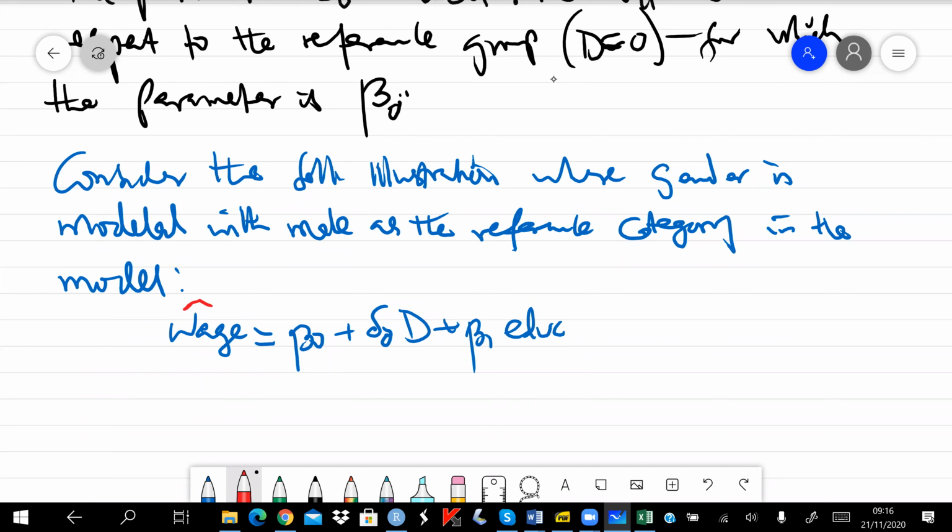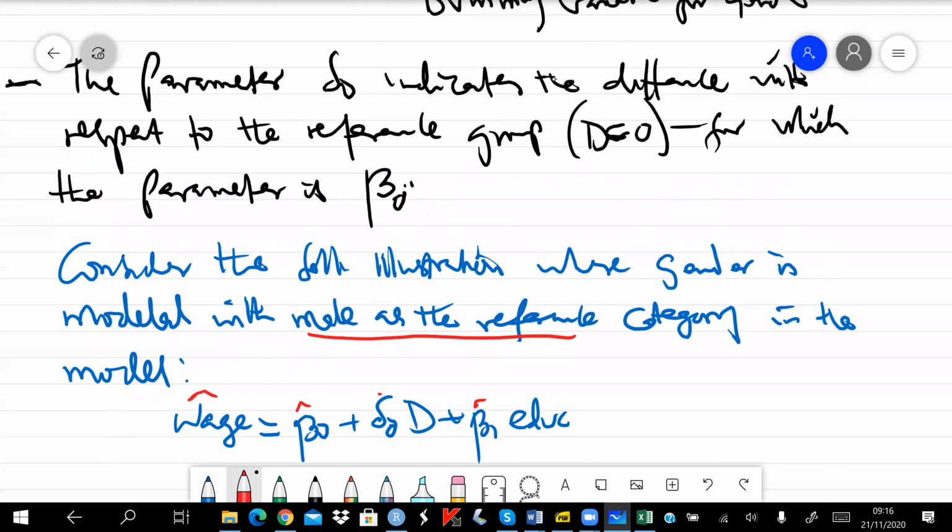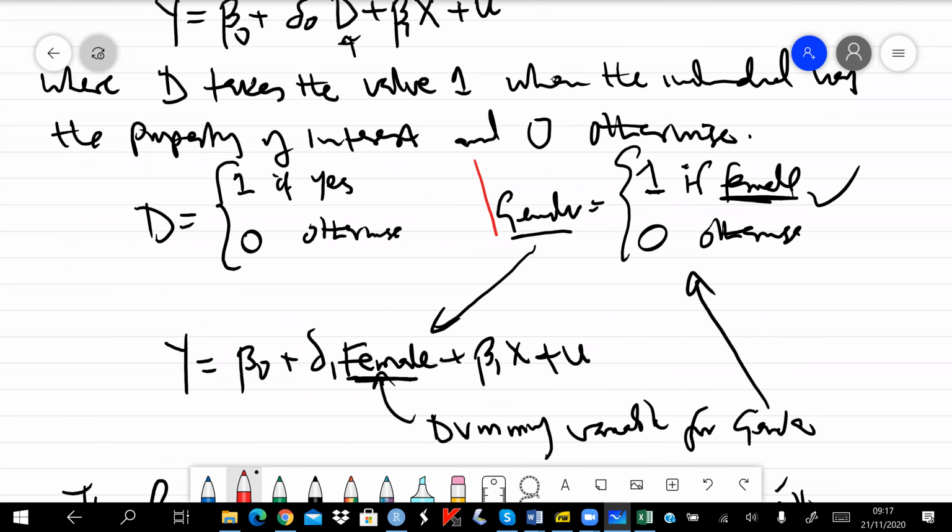Even this will be an estimator, but we can just have it like that for the sake of illustration. We are predicting the wage of an individual based on gender and education level. Gender is a categorical variable, so we're using male as the reference category. Gender will be taking the value 1 if you're talking about a female individual, or 0 otherwise.